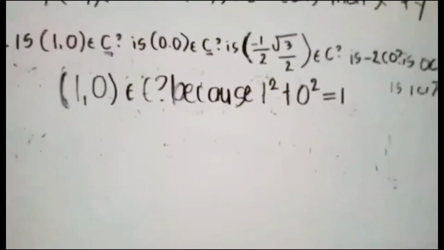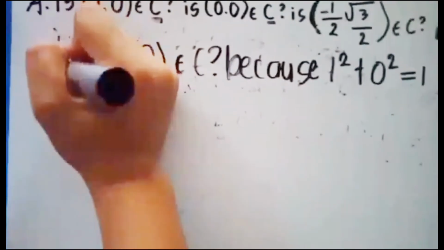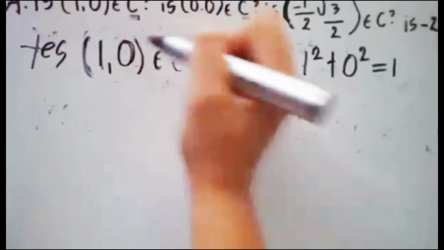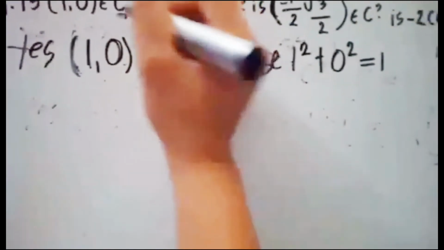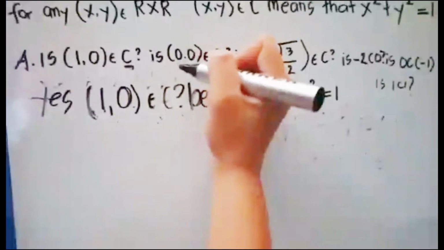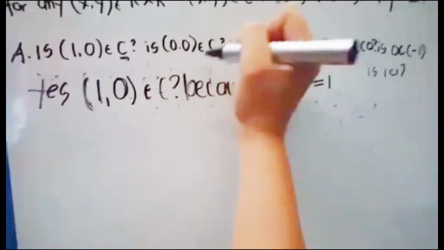Therefore, yes, (1, 0) is an element of C. Then let's try (0, 0).